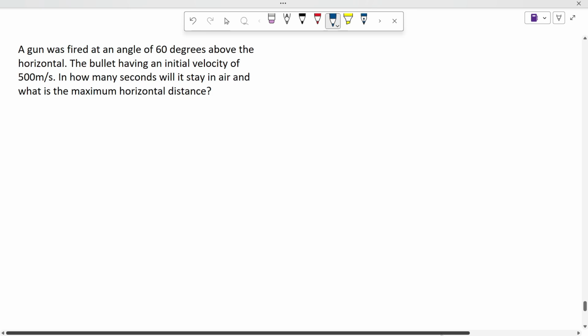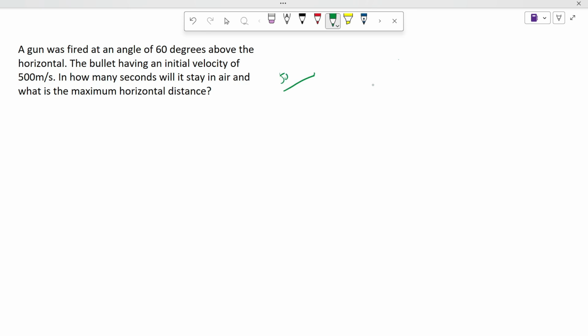So, the next problem is that a gun is fired at an angle of 60 degrees above the horizontal. The bullet having an initial velocity of 500 meters per second.